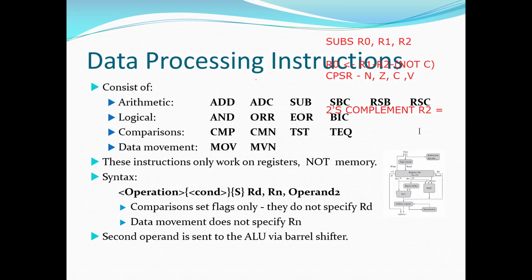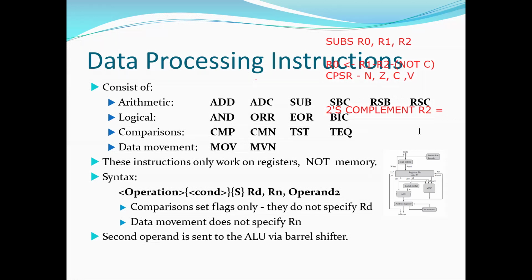You can recall your DLD, digital logic design, topics: two's complementation and their addition. If you recall it, you will get to know. While adding a two's complement number to another number, if I get a carry, it is considered that the result is positive and we just neglect the carry.